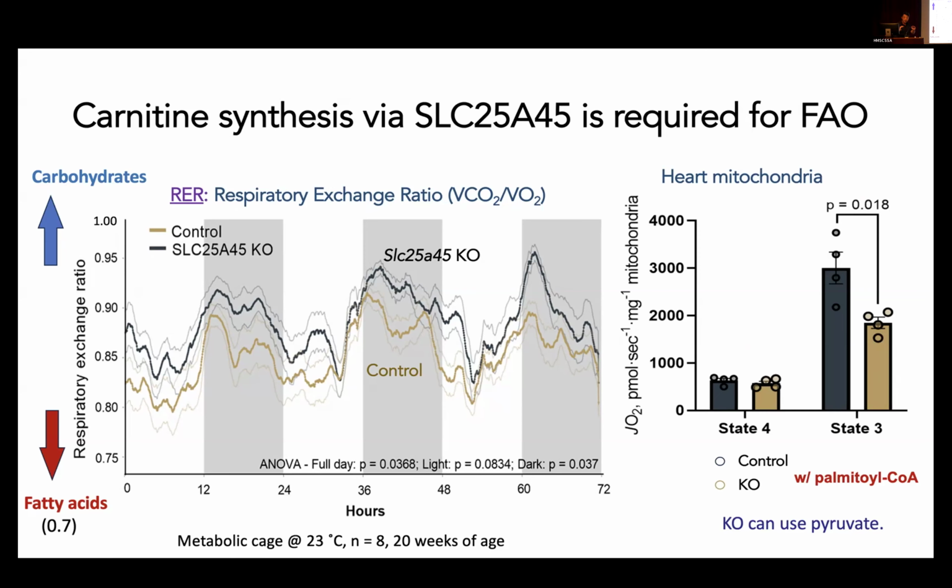One robust way to induce fuel switching at the whole body level is cold exposure. As I told you earlier, if you expose a mouse to the cold, first they start to use glucose for the first minutes up to an hour, but then they have to switch to fatty acid. Let's say this is the core body temperature, rectal body temperature, of control versus knockout mice, and you expose these mice to 6 degrees.